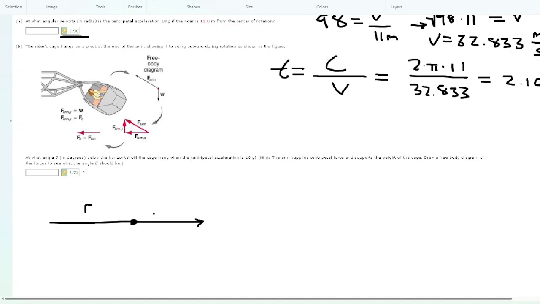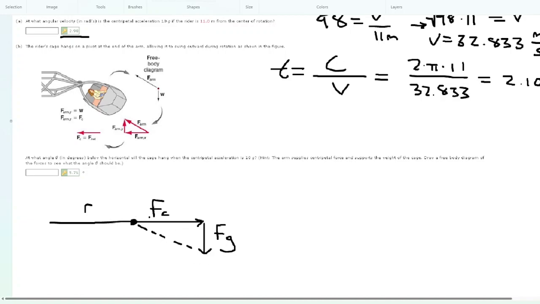Centripetal acceleration, which is going this way, and then the force of gravity, which is going this way. Then the object, or the bag in my case, is going to be swinging out in this direction. This looks more like a... that's not a bag. Okay.